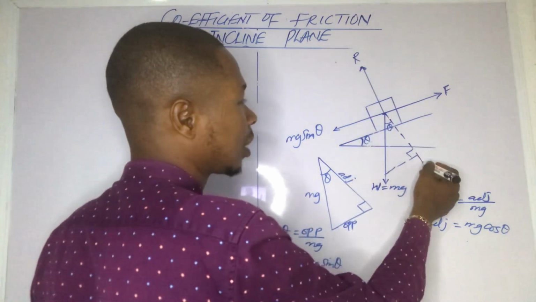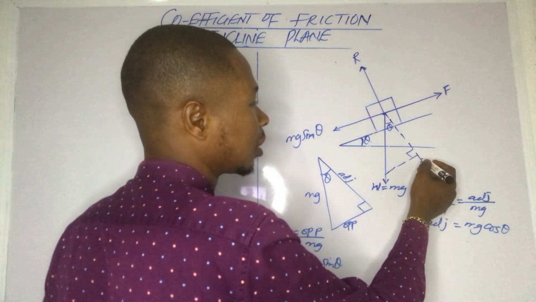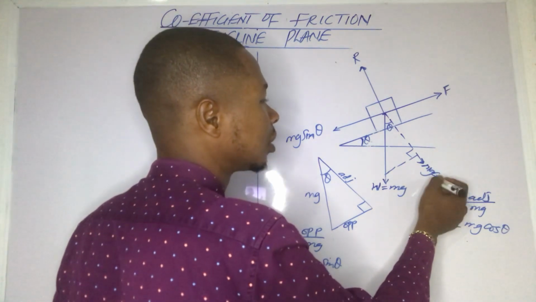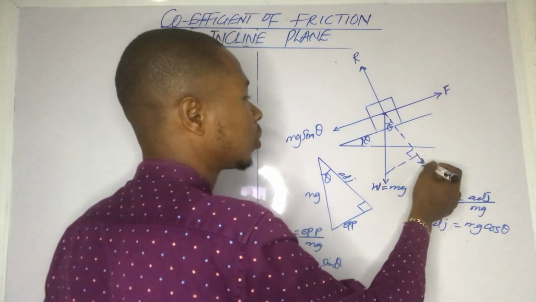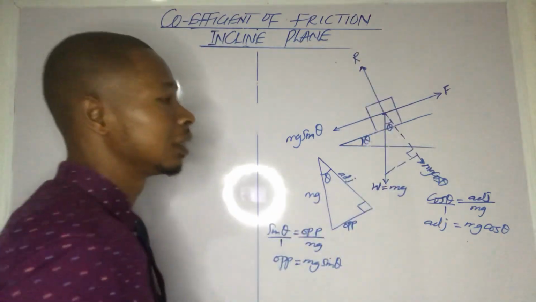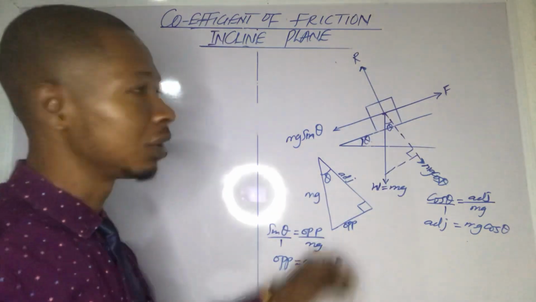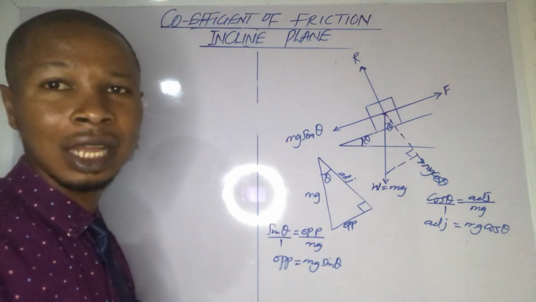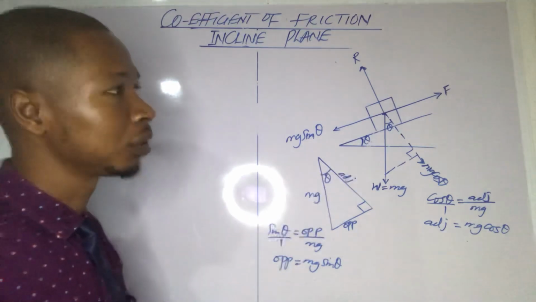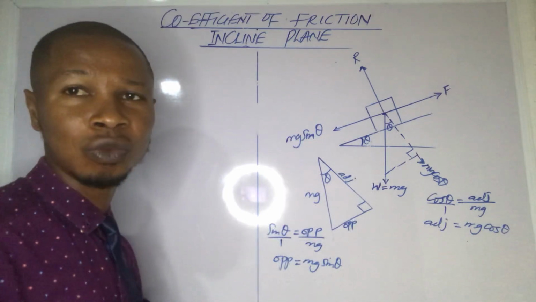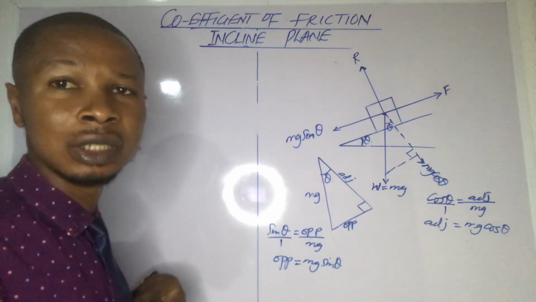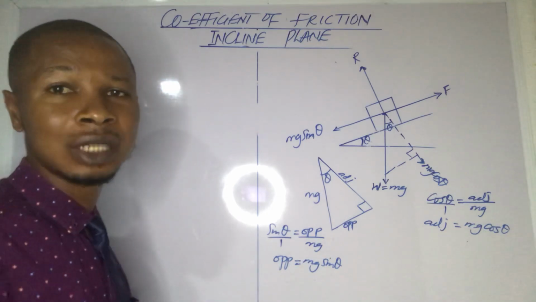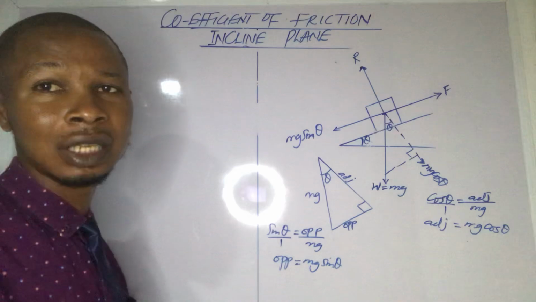So the force acting like this is mg cos theta, which will be equal to the normal reaction acting against the body. So these are the forces that are acting on a body that is on an inclined plane, and all these expressions are needed when we want to solve questions on a body that is on an inclined plane, to find either the coefficient of friction or any other thing.